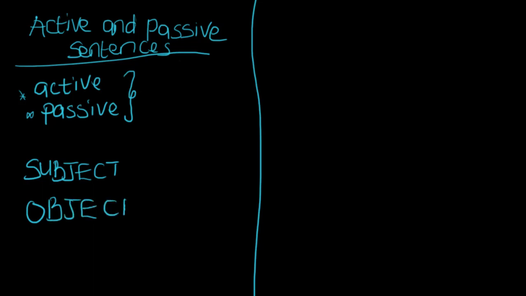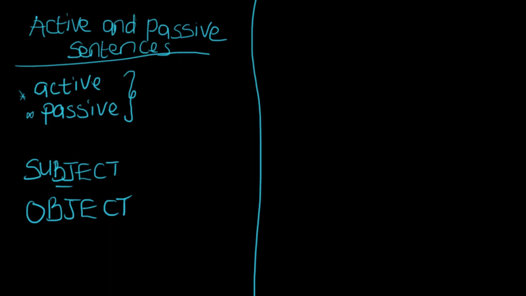Sure, I know you know subject. When we talk about subject, we're not talking about mathematics or basic science. No, we're talking about subject in English language and objects in English grammar. So what is subject? What is object? When we have a full understanding of what subjects and objects are, then we'll be able to understand what active and passive sentences are.